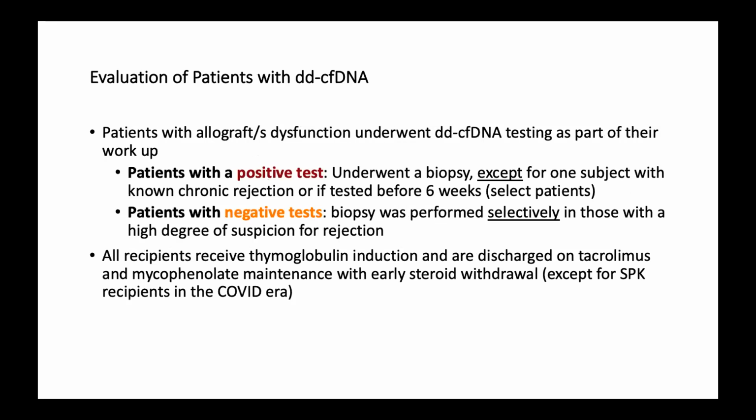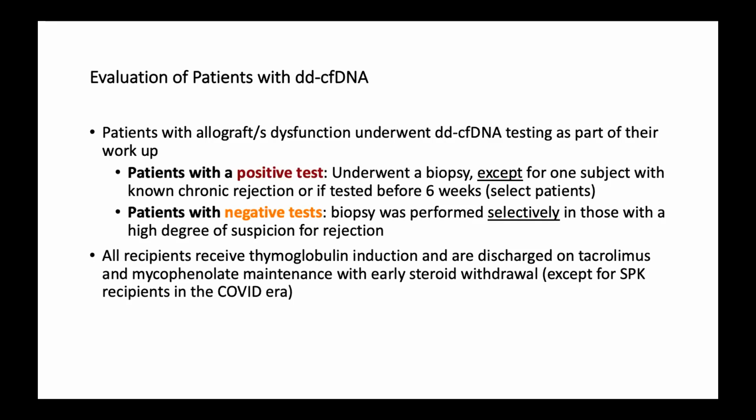So patients with allograft dysfunction underwent donor-derived cell-free DNA testing as part of their workup, as I briefly mentioned. Patients with positive tests early on underwent biopsy, except for one patient that we're going to go through in our case series, where we know the background of chronic rejection, so that person was not biopsied. And if the person is within 6 weeks from transplant, we sometimes elect not to biopsy them.